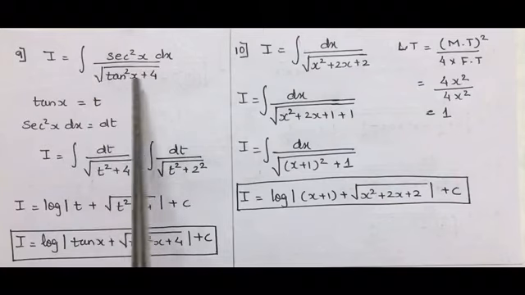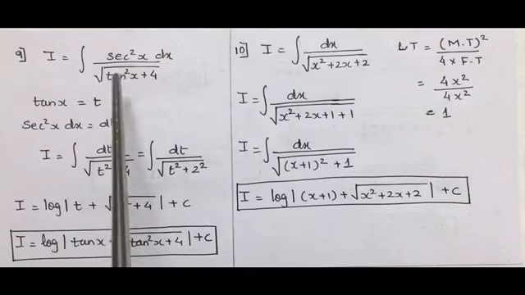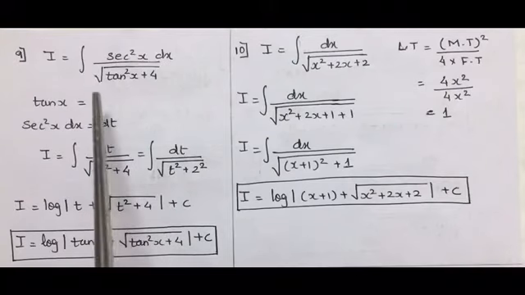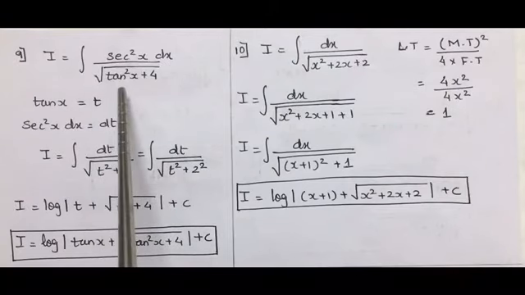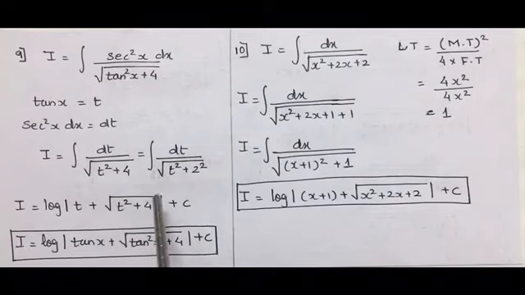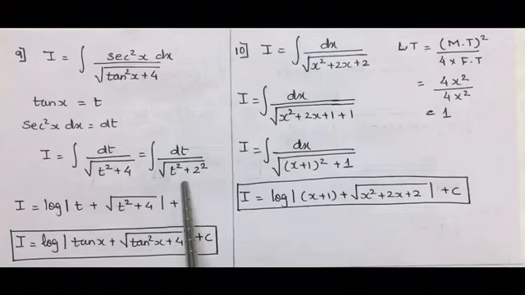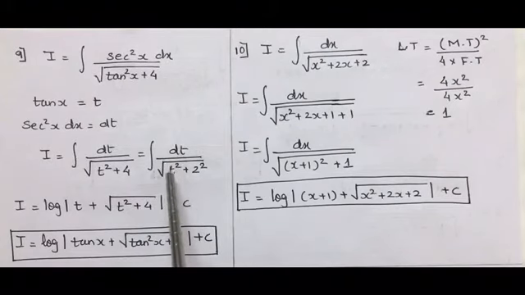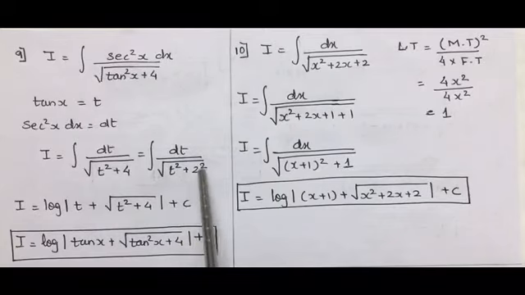Now converting the quotient in terms of t, sec square x dx is replaced as dt, under root of tan x, in the place of that we have written t, so t square plus 4. Now expressing it in a standard form of integration, we get 1 upon root of t square plus 2 square, that is root of x square plus a square.